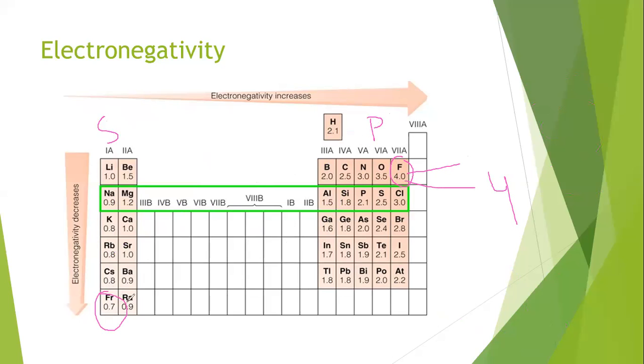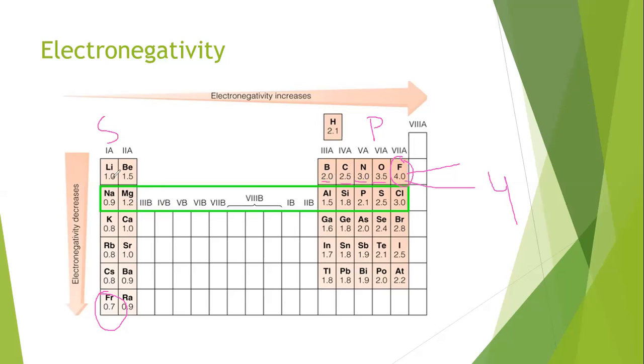That is for francium, and the highest value, 4, is for fluorine. You can see here the electronegativity value for oxygen is 3.5. The value for nitrogen is 3. The value for carbon is 2.5 and for boron it is 2.0.